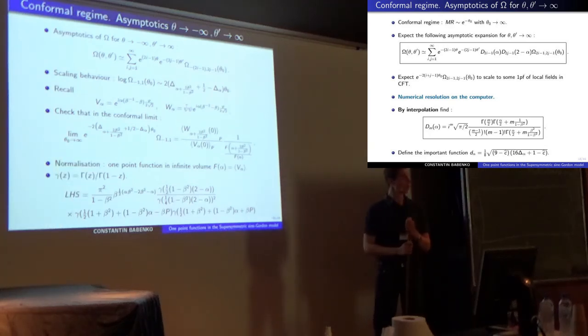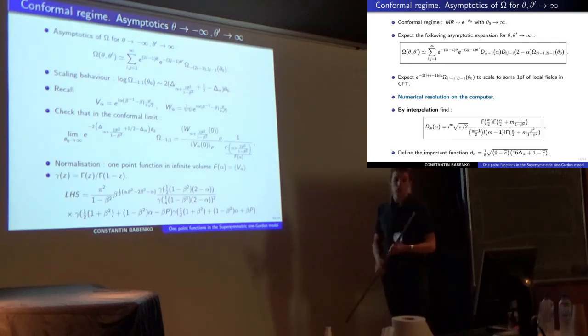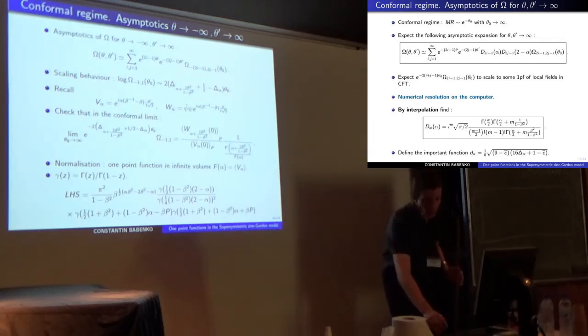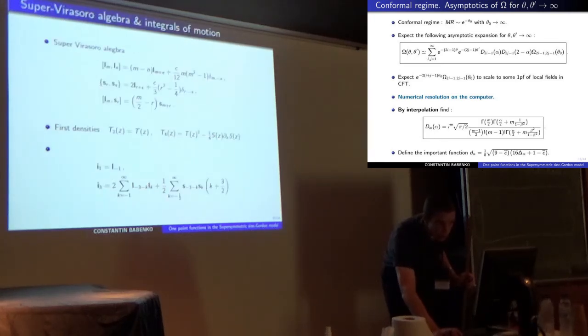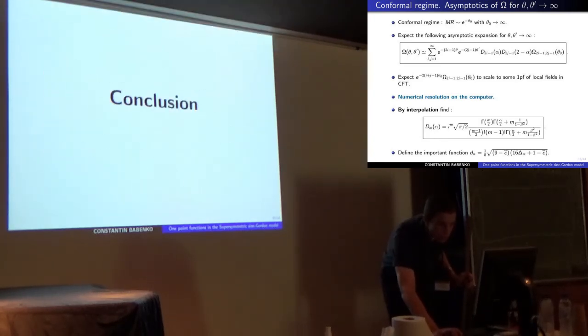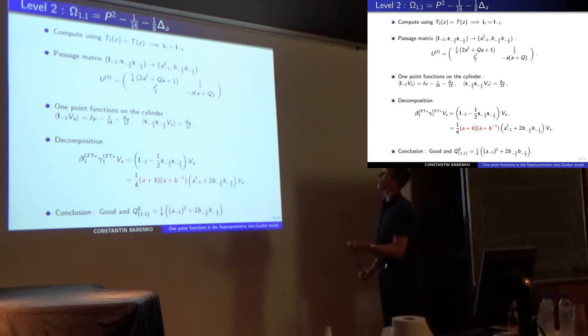So you mentioned the relationship between the fermionic basis and the Super Virasoro. What is known about this relationship? I can show you some examples. So the simplest example is at level 2.